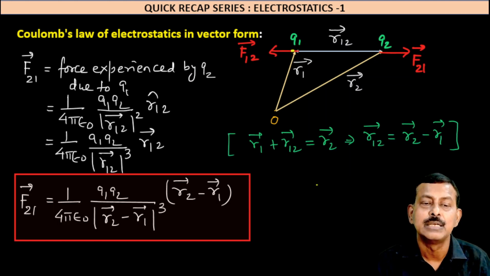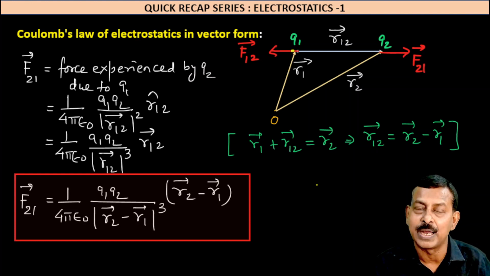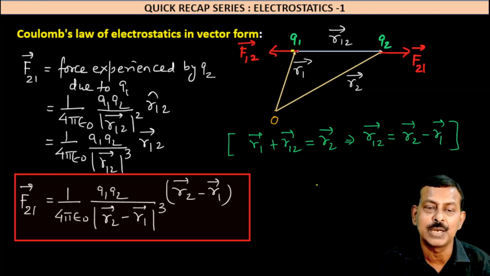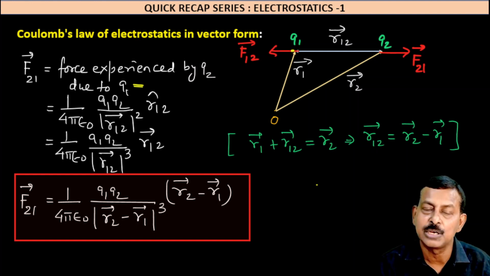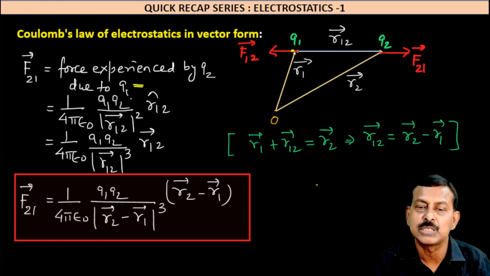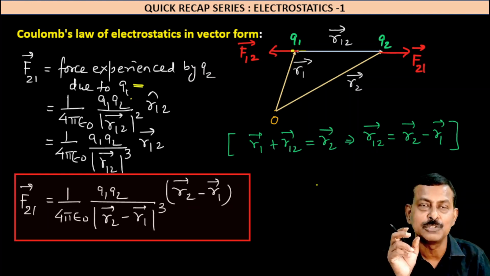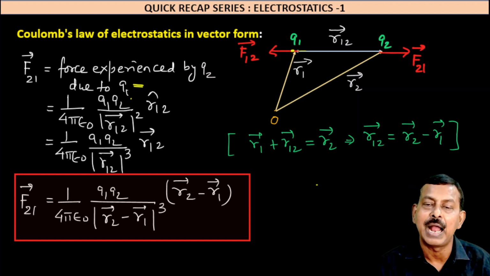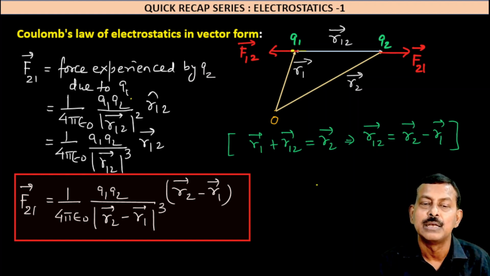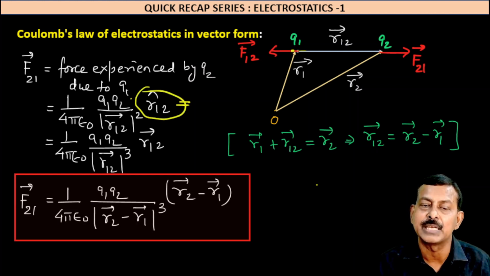If I consider F21 as the force experienced by Q2 due to Q1, this will be equal to 1 by 4 pi epsilon naught Q1 Q2 divided by R12 squared, because the R12 vector magnitude squared will give you the square of the separation between the two charges here, and the direction will be the R12 unit vector, because this one will give you the direction there.